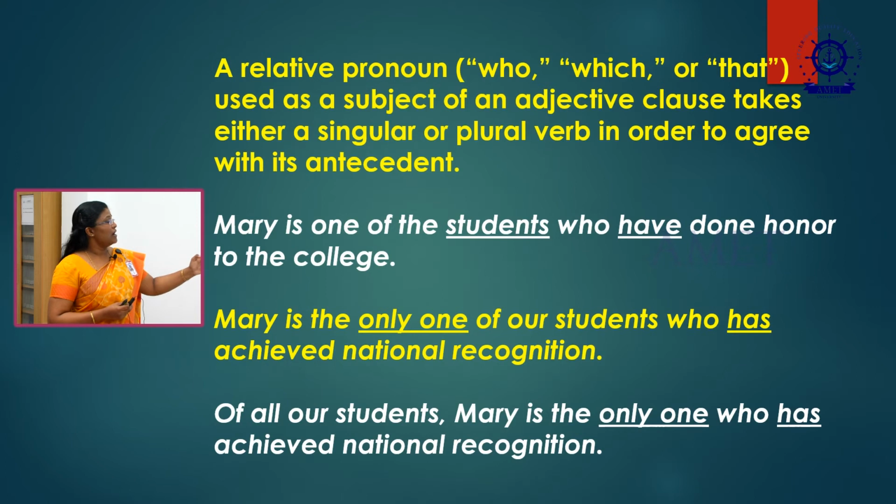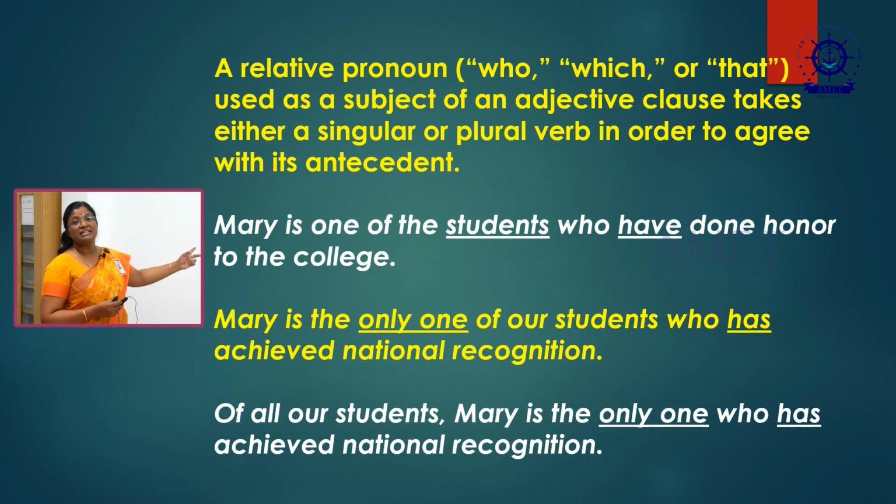The verb have should agree with the subject students here, because similar to Mary, there are other candidates who have brought laurels to the institution. The next sentence, Mary is the only one of our students who has achieved national recognition. But here, Mary is the only candidate who brought laurels to the institution. So in this case, the verb should agree with the subject Mary and not the students.